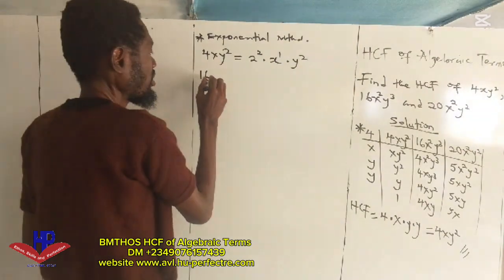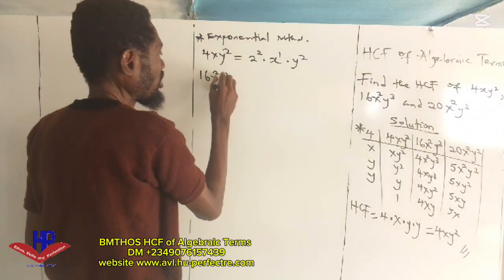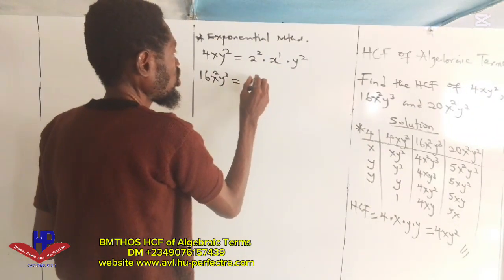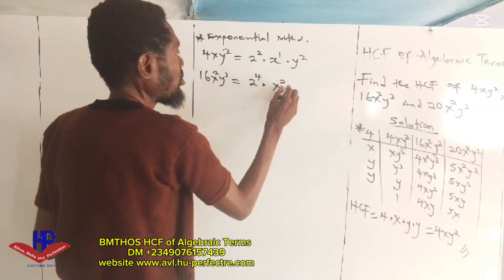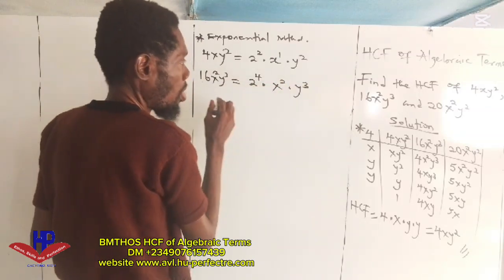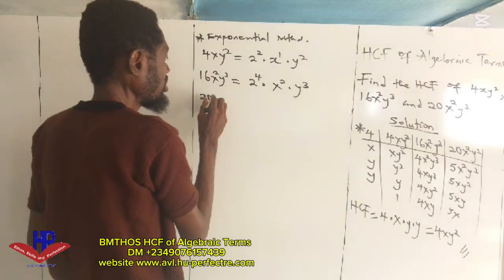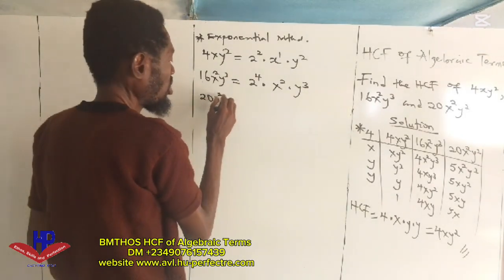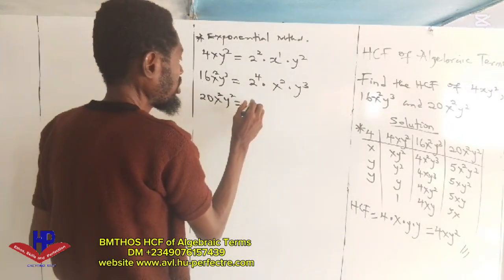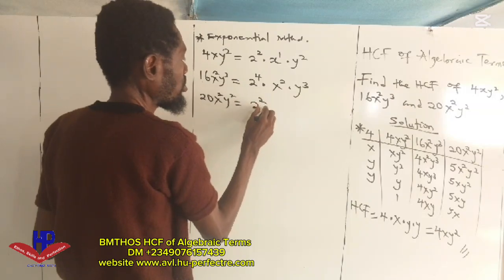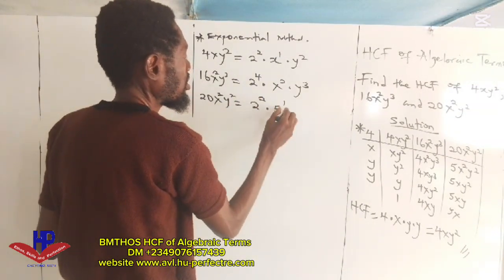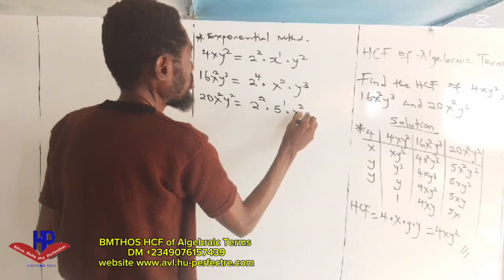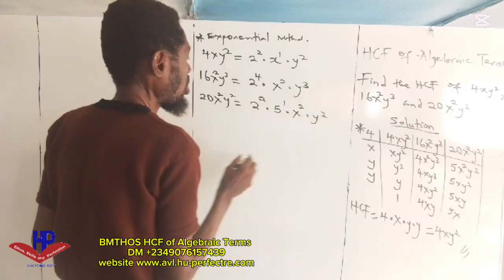For 16x squared y to power 3, that will be 2 raised to power 4 times x to power 2 times y to power 3. For 20x squared y squared, that will be 2 raised to power 2, 5 raised to power 1, x to power 2, and y to power 2.